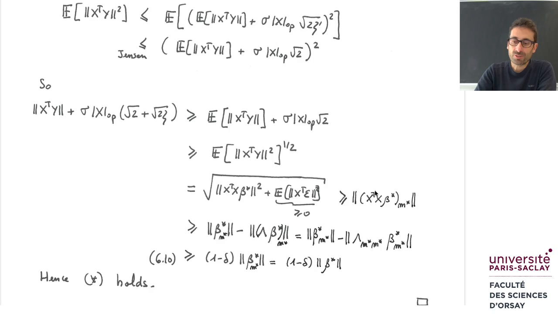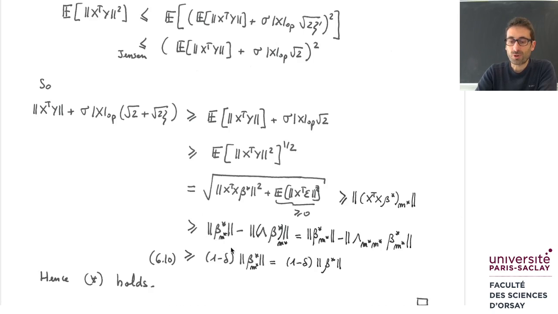Now, what we will do is to use that capital lambda is equal to 1 minus x transpose x, right? So here I can write it as identity minus capital lambda. This is in the right direction, so identity minus capital lambda. And then using triangular inequality, I have this lower bound here.